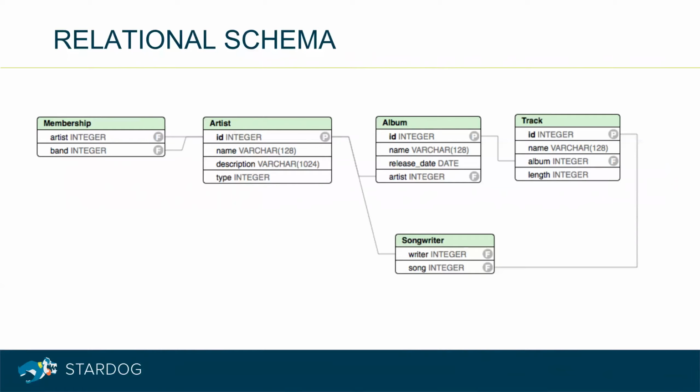And in the R2RML specification, there's actually a description of how you can take a relational schema like this and automatically create mappings for a default RDF schema based on the primary and foreign key definitions in the schema.